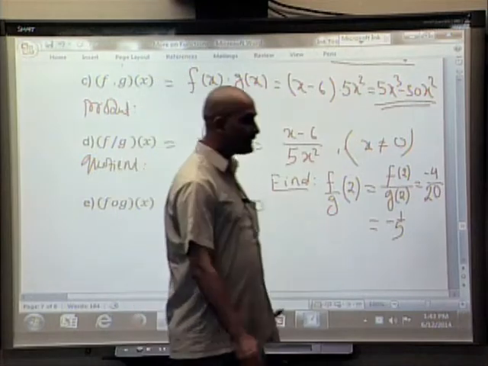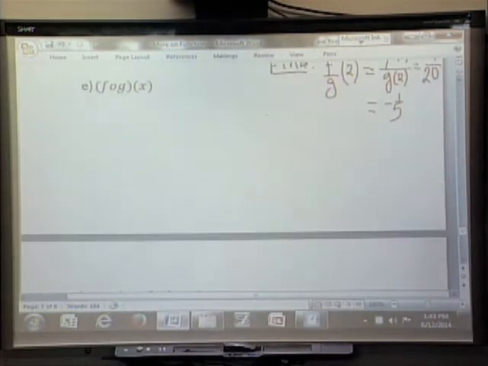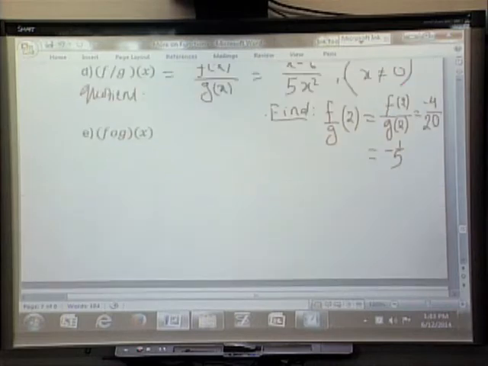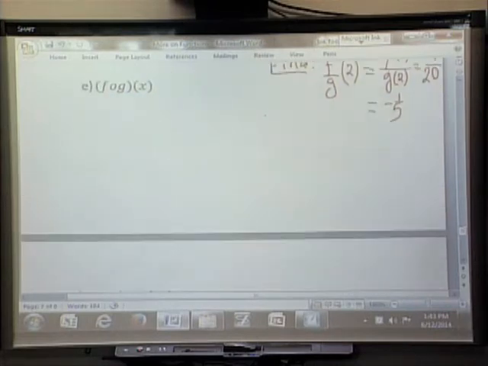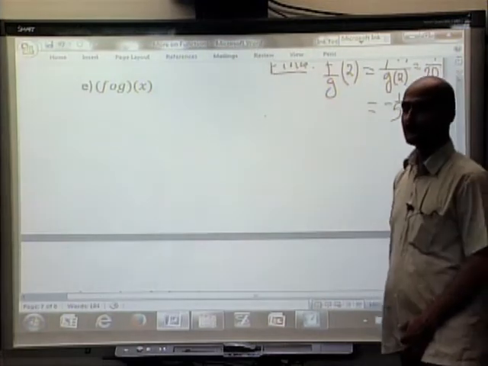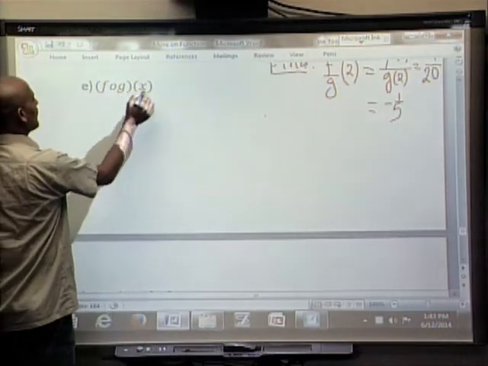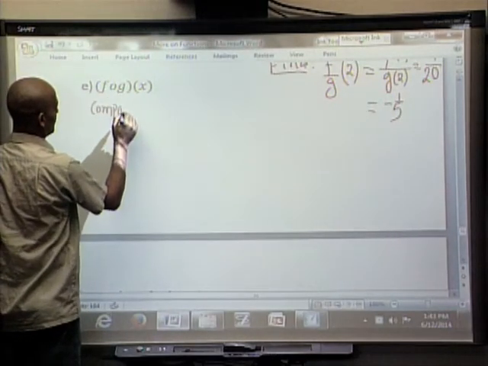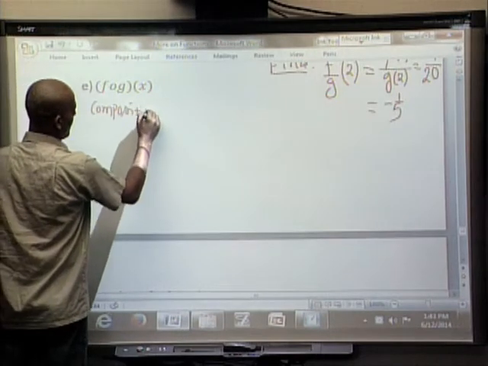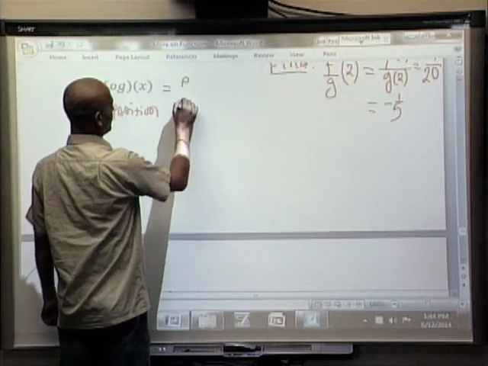Now let's talk about one more way of combining two functions. We write f o g of x, and this is called composition of the two functions. Composition of two functions works this way.